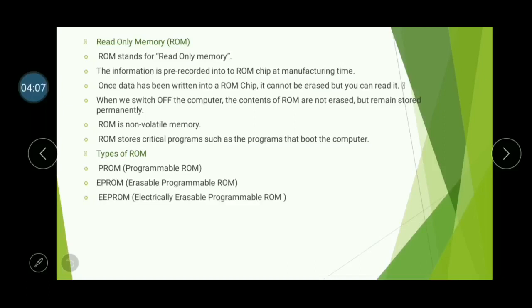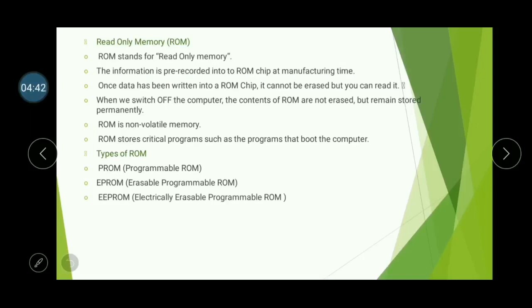Once data has been written into a ROM chip, we cannot erase, but we can read the information written on the ROM. When we switch off the computer, the contents of ROM are not erased but remain stored permanently. But in the RAM, when we switch off our computer, all the data and information get erased. ROM is non-volatile memory.